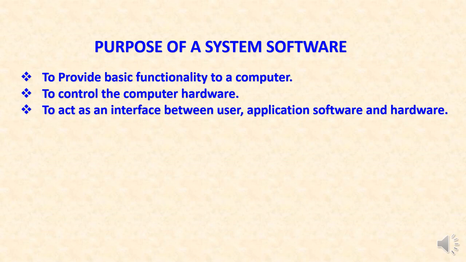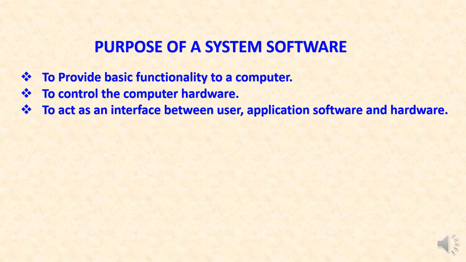Now the third one, it acts as an interface between user, application software and hardware. Now dear students, if I want to use an application in a computer, I need a platform where we will install that application. First I need that platform. Now the platform here is in the form of system software.